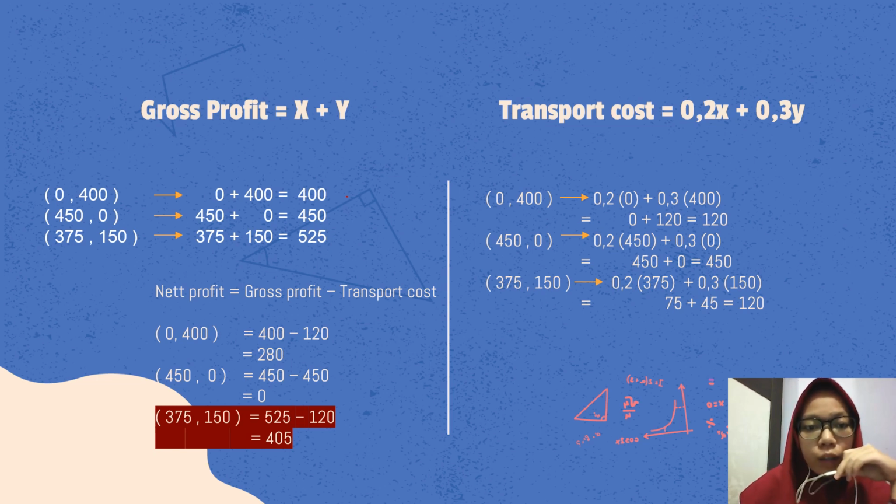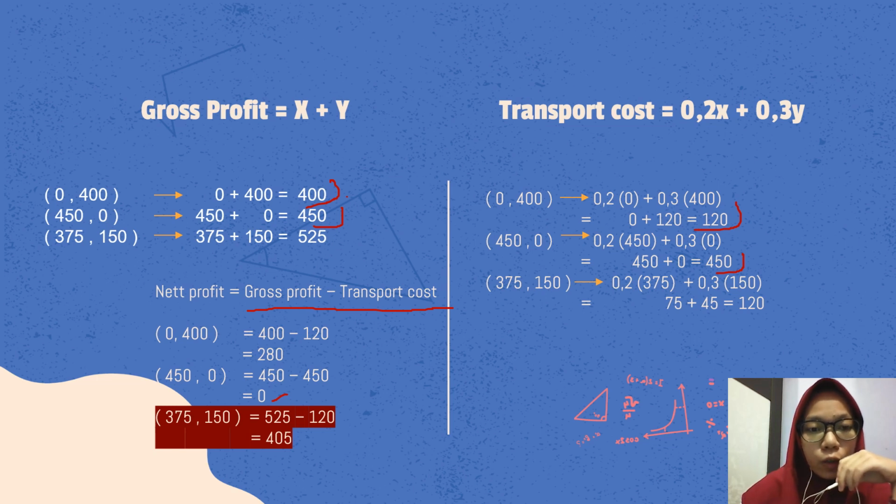And the last, we find the net profit. We can find the net profit by subtracting the transport cost from the gross profit. If the corner is 0, 400, the net profit is equal to 400 minus 120. If the corner is 450, 0, the net profit is 450 minus 450, so the net profit is 0.